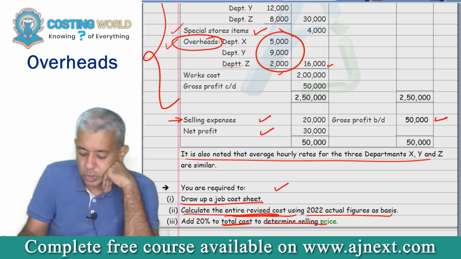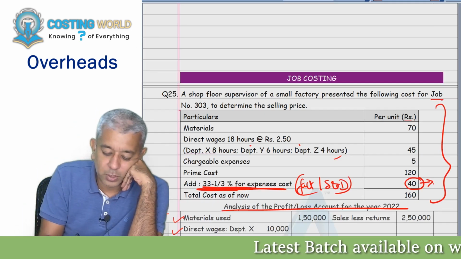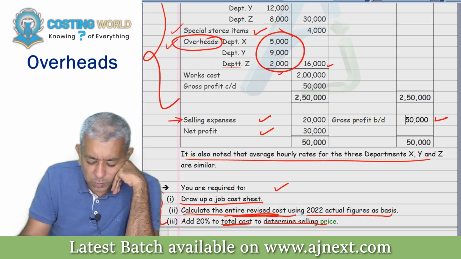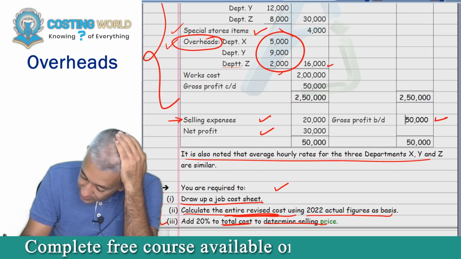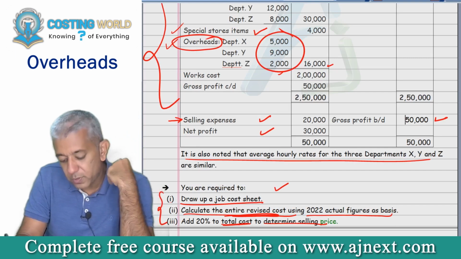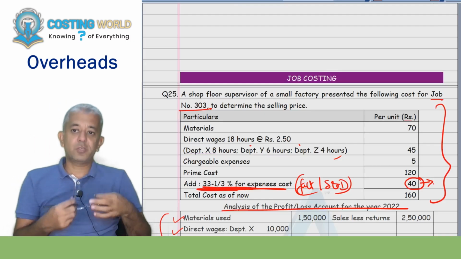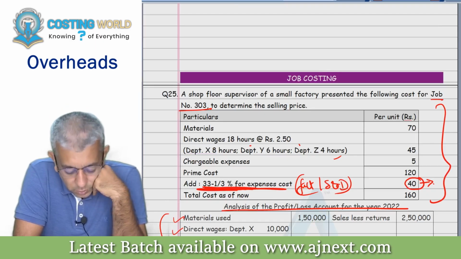Draw a job cost sheet. So this is job number what here? This is job number 303. Write down please. All these 3 parts will almost get finished in one single statement only. You all write down: revised cost sheet of job 303.